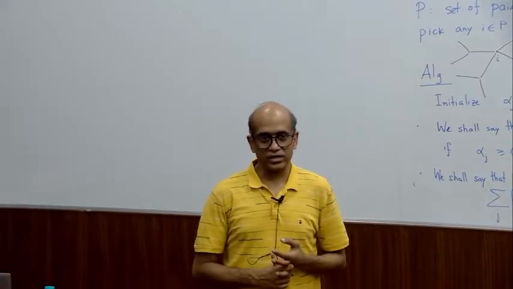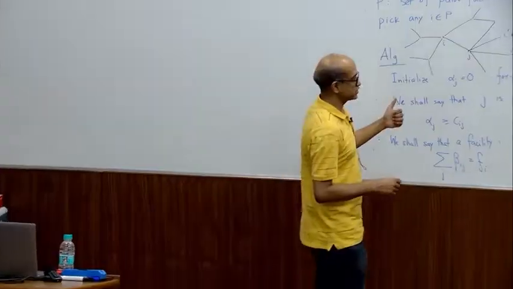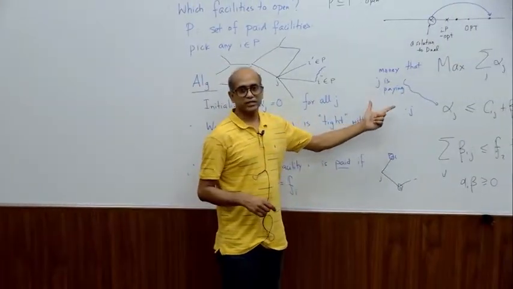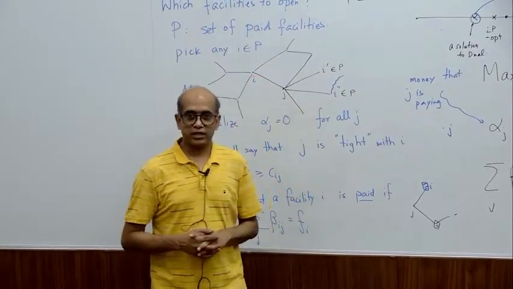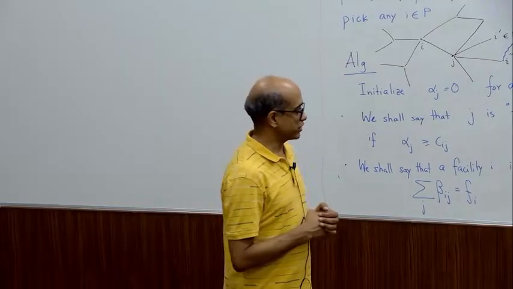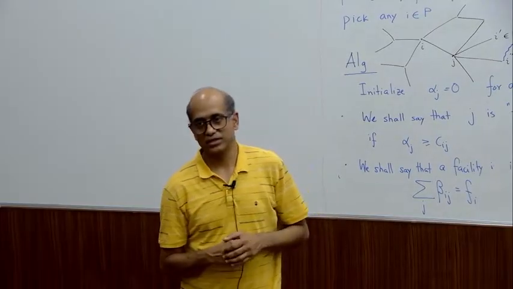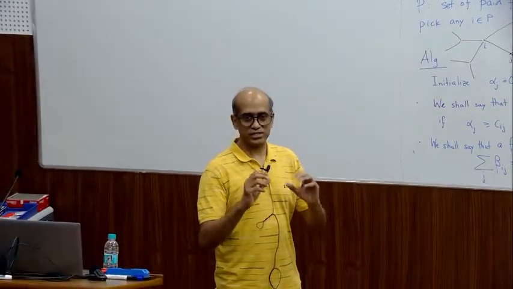Then there are other variations. There are two parameters here. One is the facility opening cost, the other is connection cost, how much they travel. In other formulations, people freeze one of these parameters. For example, what is called the K-median problem. In the K-median problem, they will say, let me freeze how many facilities you are going to open.